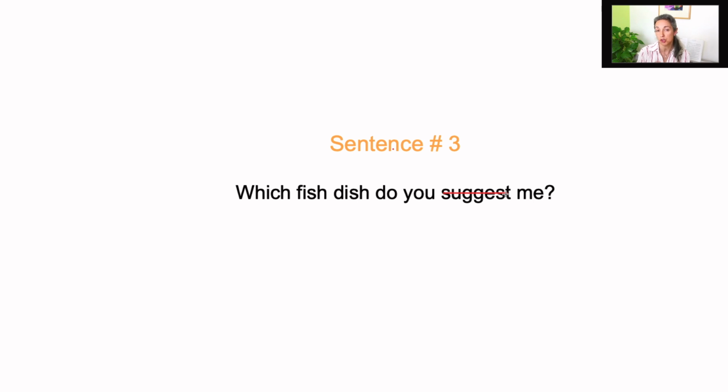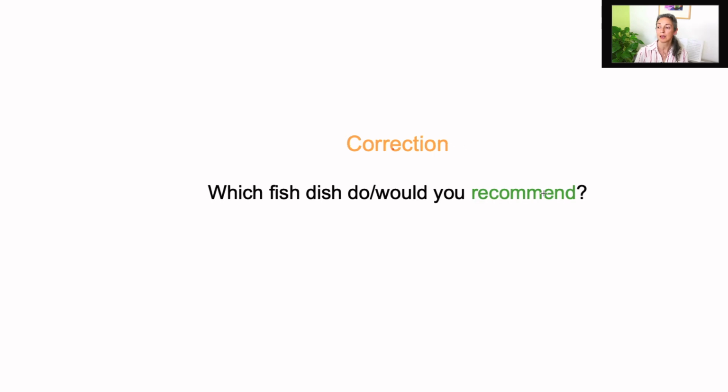So, which fish dish do you recommend? And we don't need to specify the person. It's a conversation. They know you're asking for the recommendation. So, the correct sentence is here. Which fish dish do you recommend? If you want to make it sound a little more polite, you can say, which fish dish would you recommend?